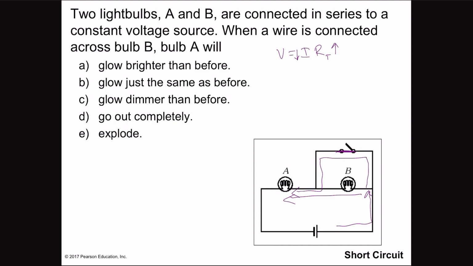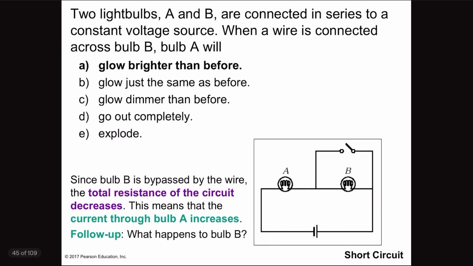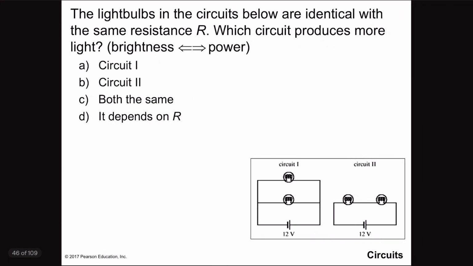B's resistance is no longer added on to A's, and the only thing the current has to go through is A, but it now has the full voltage to push through A. It's not split between A and B anymore, and so it should glow brighter. So bulb A will glow brighter. It's getting more of the current going through it now. I guess it could be E if it was enough current to break it. I don't know, maybe. All right, so continuing on.